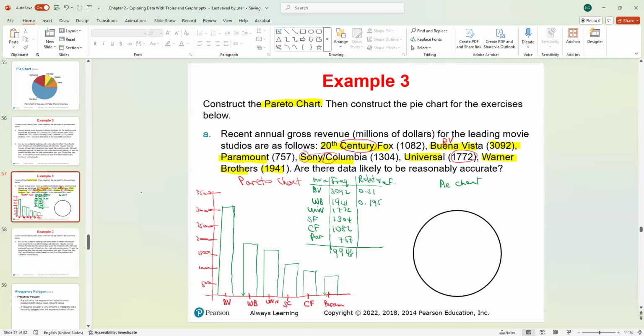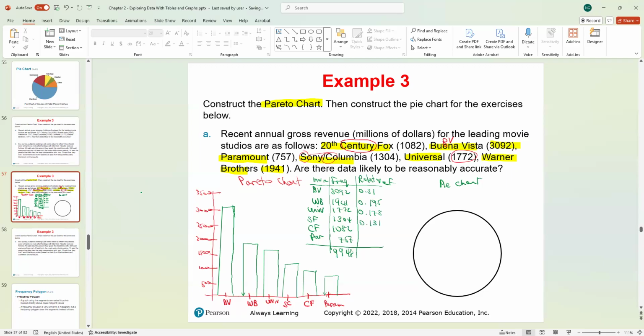Let's go with the third one, 1772 divided by 9948, 0.178. Let's go with 1304 divided by 9948, 0.131.